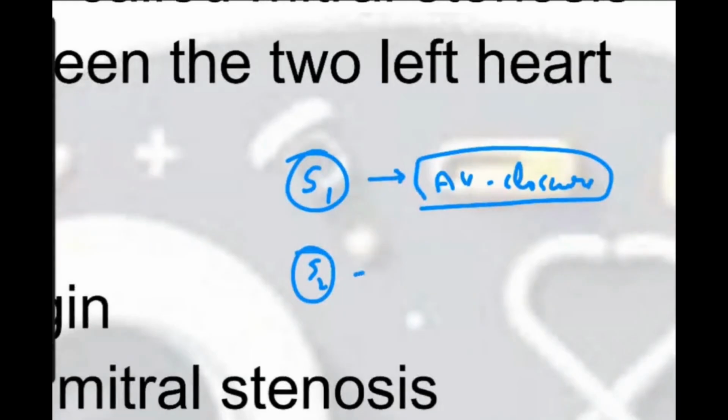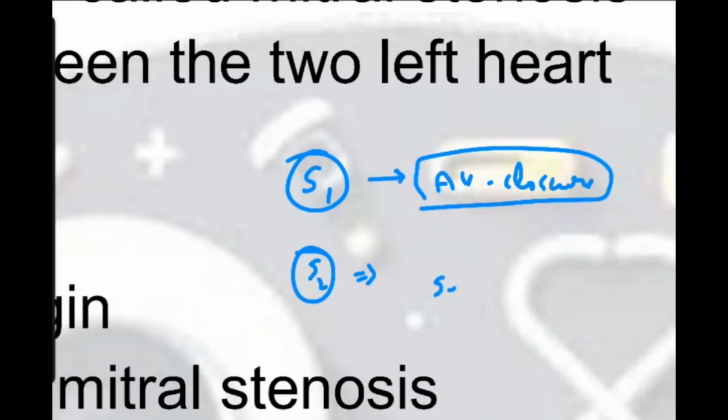Then S2: when ventricular systole happens, blood will go into the pulmonary artery from the right side and the aorta from the left side. Then diastole happens, and the blood which went into those arteries should not come back.